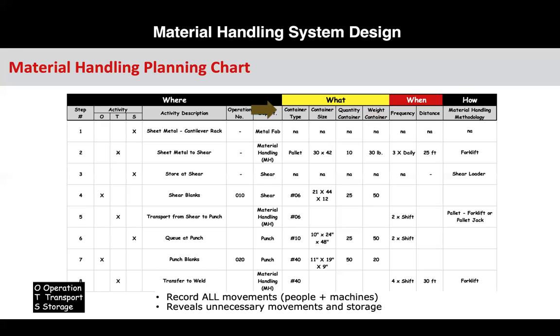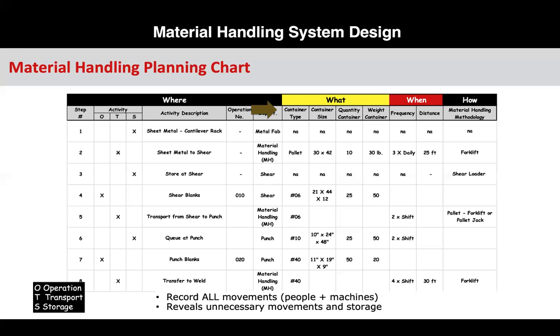But if you had a good container standardization or container identifier system, you wouldn't have to put the dimensions there for a standard container. Then quantity per container: based on the part, how many parts can you put in there? And based on the number of parts, what is the weight?